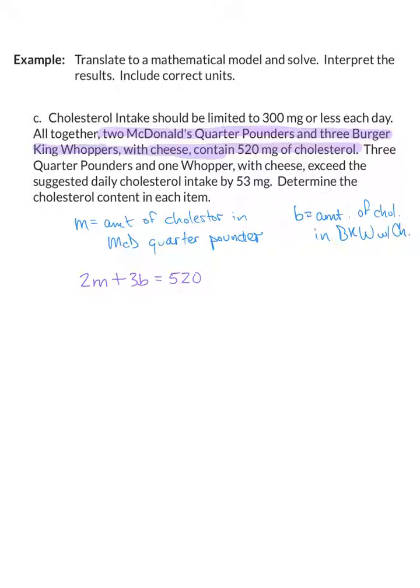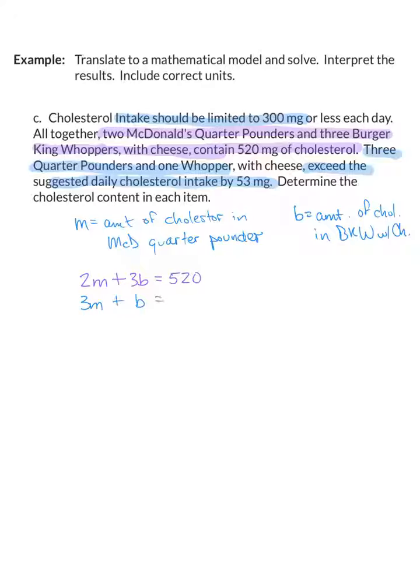Our second equation, we have 3 Quarter Pounders and 1 Whopper with cheese exceed the suggested daily cholesterol intake by 53 milligrams. And remember that the intake is 300 milligrams. So first part of this, we have 3 McDonald's Quarter Pounders, and 1 Burger King Whopper.